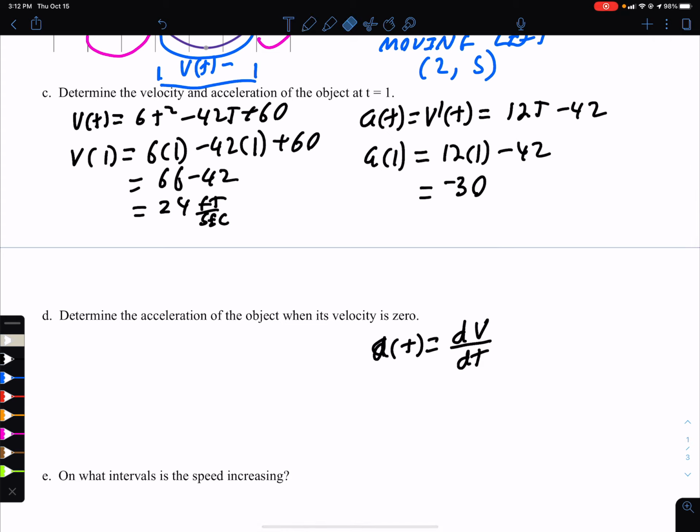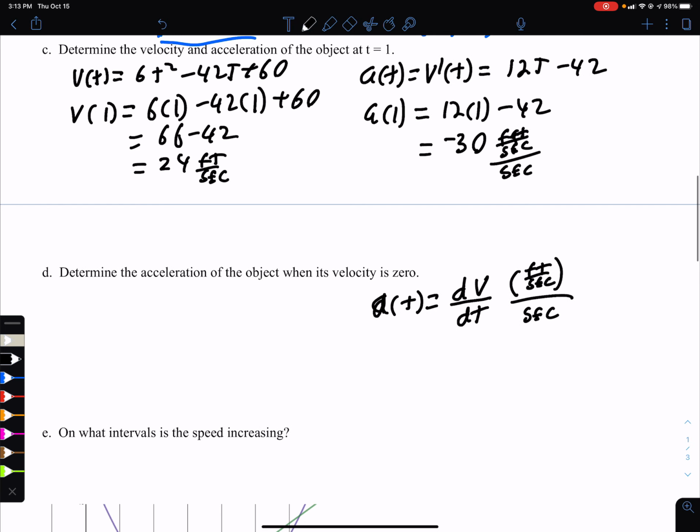Let's look at this. The units of velocity is feet per second. The units of time is second. So technically, you could say the units are feet per second per second, which is acceptable. But how do you divide two fractions?